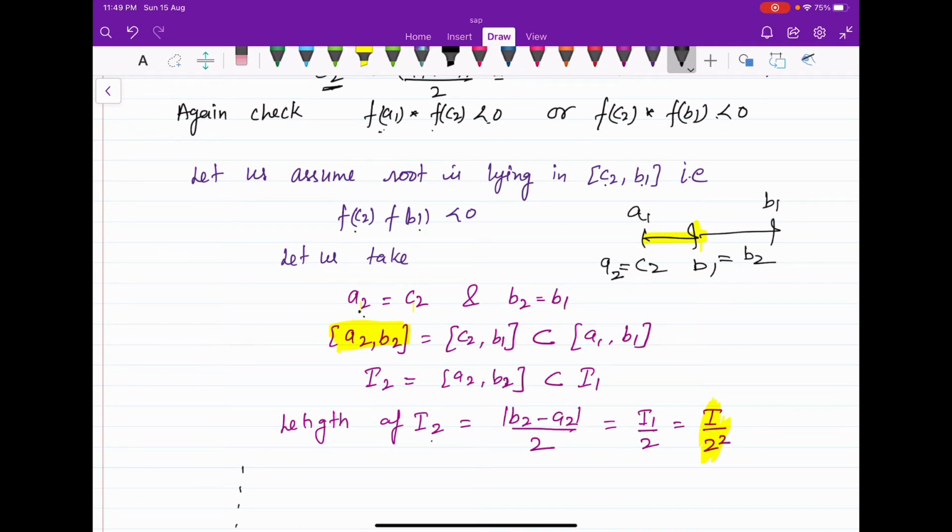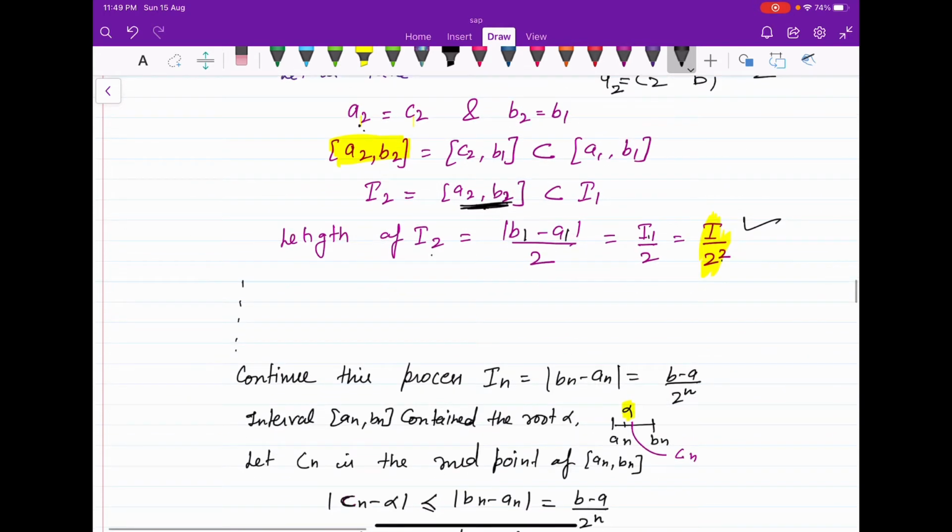It is half of the previous interval, I upon 2 squared. The length of the interval A2 B2 is B2 minus A2, so we should write B1 minus A1 upon 2. So I1 upon 2, so I upon 2 squared, and so on. Continue this process. We get a small interval An Bn that contains the root.